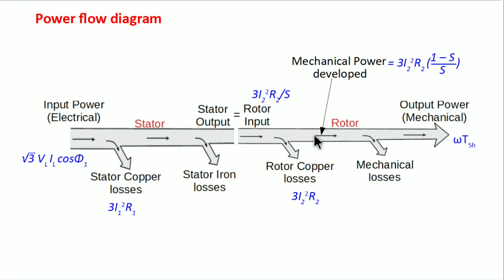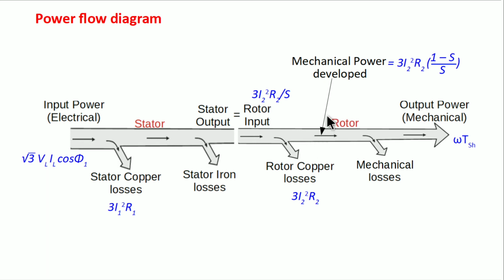We can find it by subtracting rotor copper losses from rotor input. This is the power consumed by the fictitious resistance representing load, R2 times (1 minus S) over S. So it is 3 I2 square R2 (1 minus S) over S.